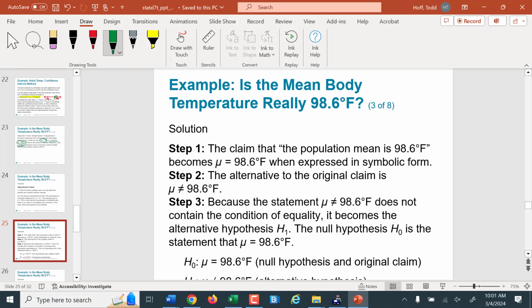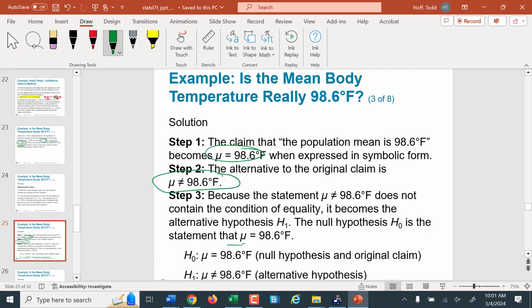So our claim is that the temperature equals 98.6. The opposite of that would be not equal to 98.6. So our null hypothesis has to be the one that contains the equal: the mean is equal to 98.6. The alternative would be not equal. So this is going to be a two-tailed test. Not equal to means we could reject if we get a sample value that is too small or too large.